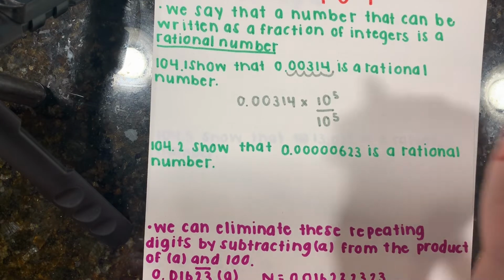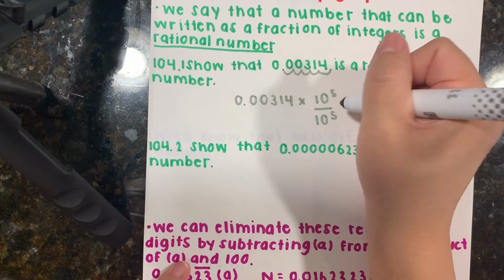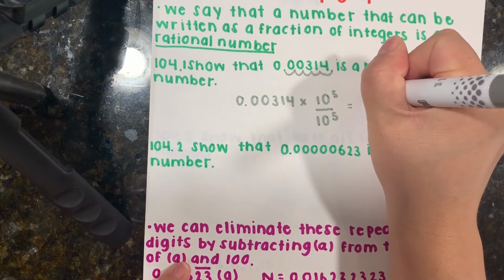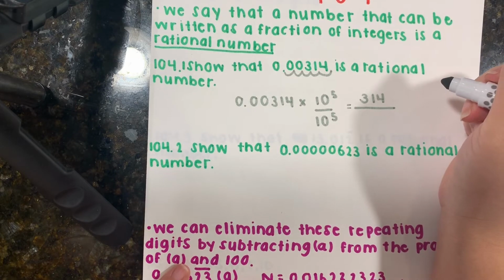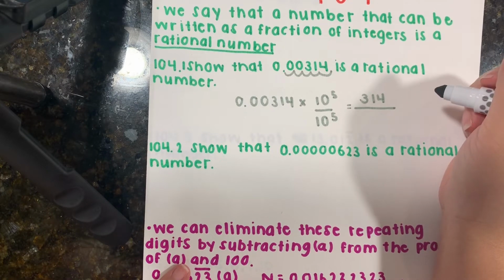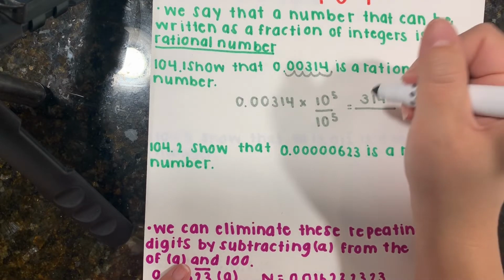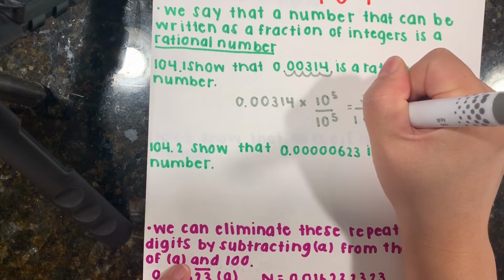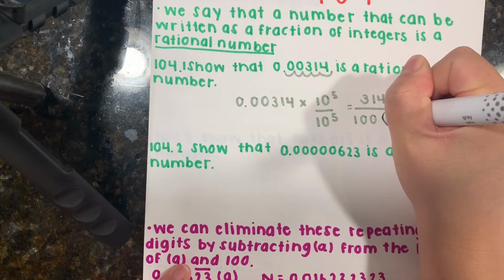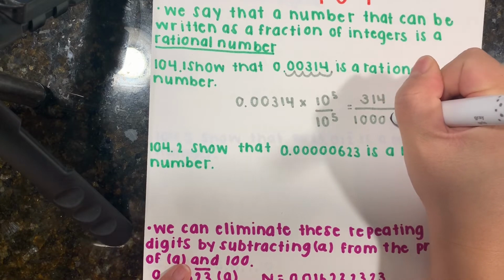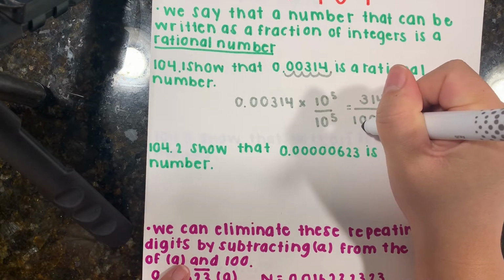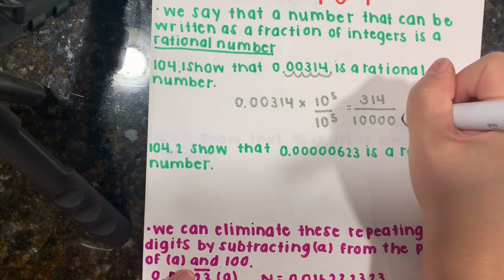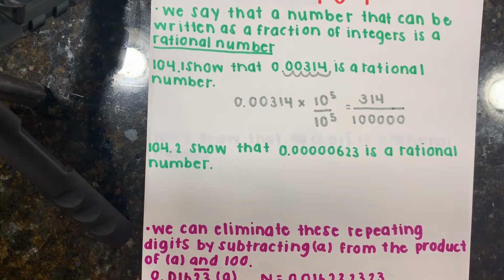Now if I did that, when I multiply the top by 10 to the 5th, I would get 314. And then I would divide that by 10 to the 5th, which would be 1 followed by 5 zeros, and it would be 314 over 100,000.